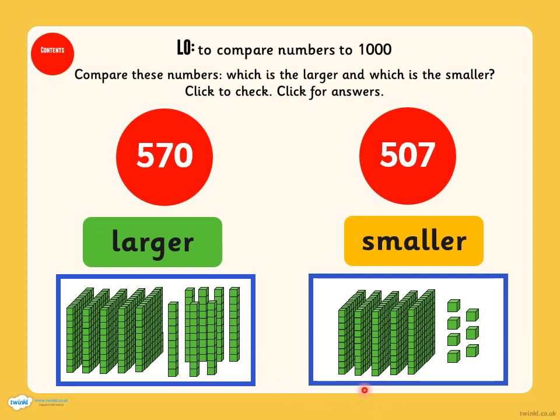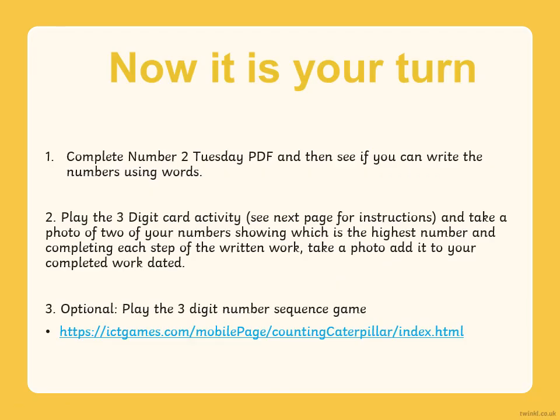Now let's try it with this one. Again, we know we've got 500, 501, 502, 503, 504, 505, 506, and 507. All right, that's how we partition our numbers.